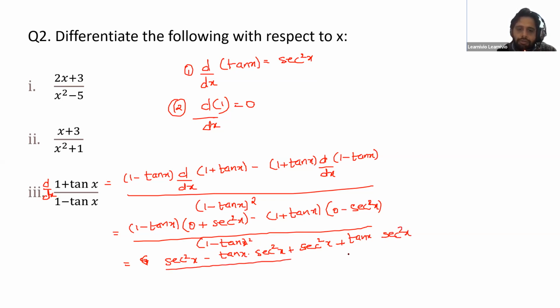Now in the denominator, we have 1 minus tan x whole square. Now these two terms can be cancelled out. Finally, we get sec square plus sec square, which will give us 2 sec square x, and the denominator will remain the same. Okay, Krishna, so in this case, these two terms get cancelled out. So it is better that we open the bracket and check if it is possible to cancel some terms or not. Okay.